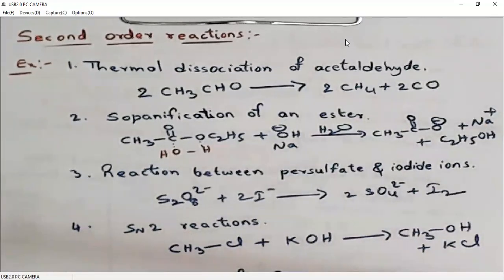This is a nucleophilic substitution, because OH acts as a nucleophile with its negative charge. And here the rate of the reaction depends both on the concentration of chloromethane as well as potassium hydroxide. So it is a bimolecular or second order reaction.